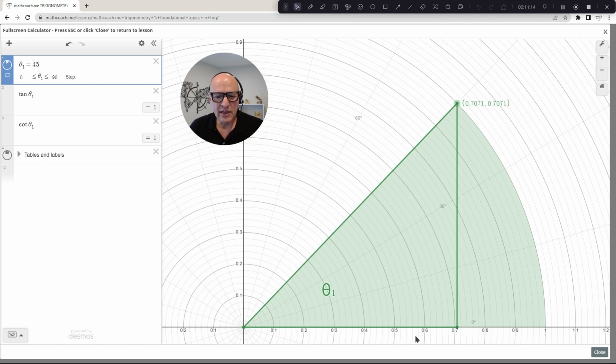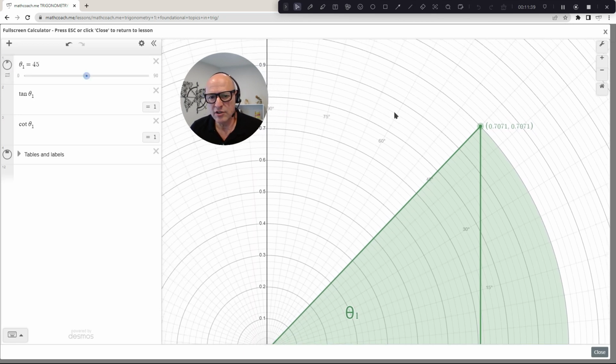In a 90, 45, 45 triangle, these sides are equal, and we can see that reflected in the coordinates of this point here. Our x value and y value are both 0.7071, and that is why the tangent, the opposite over the adjacent, is 1, and the reciprocal, the cotangent of 45 degrees, is also 1.